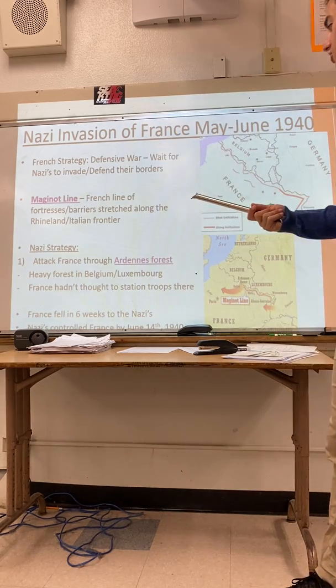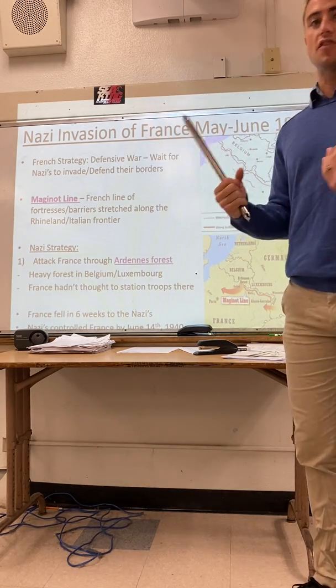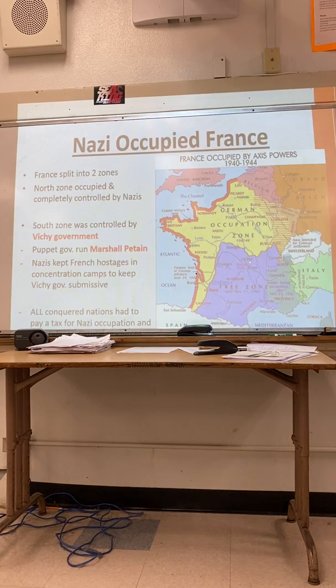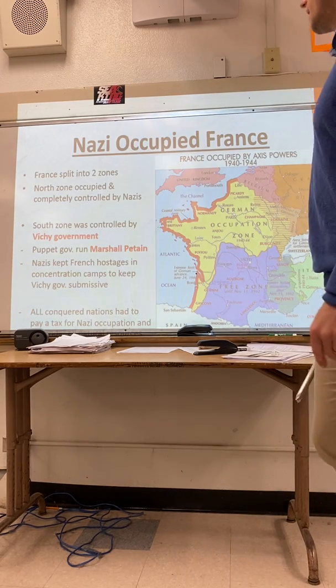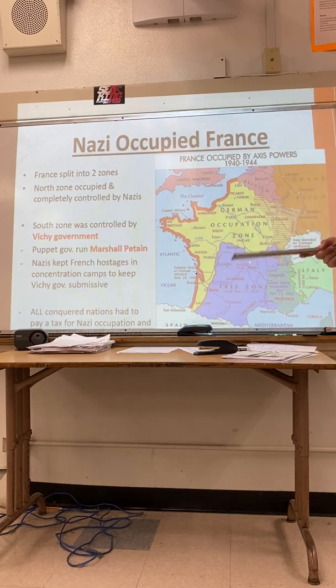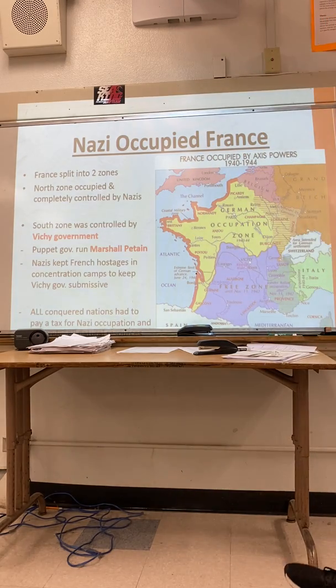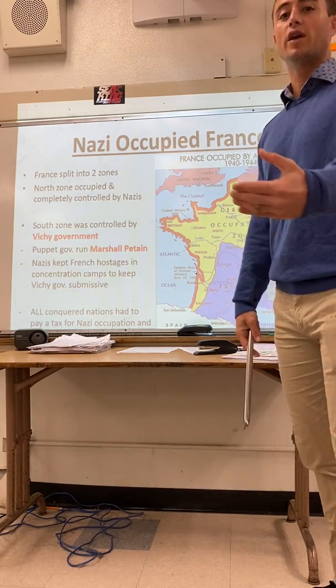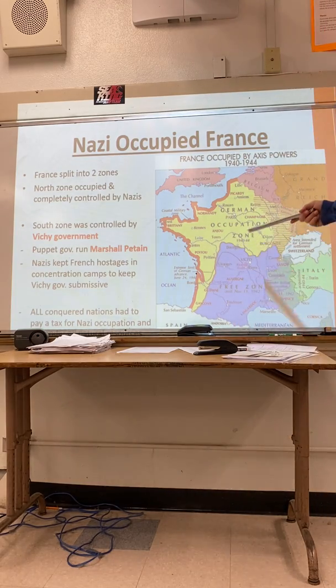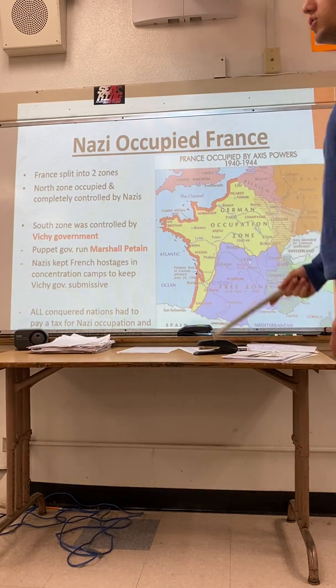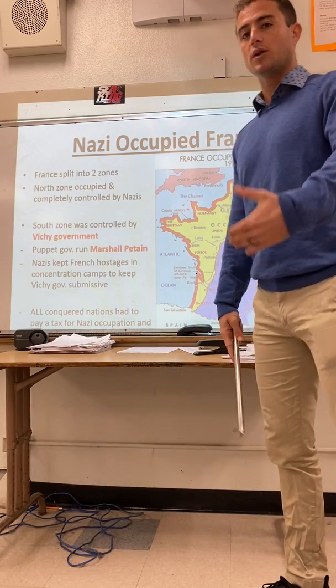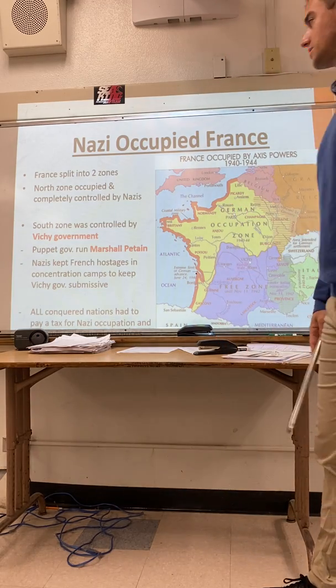And so now at this juncture, we see that the Nazis are going to split up France into two zones. One zone will be the North Zone, which is completely occupied by the Nazis, controlled by the Nazis, all the way until 1944. So for 4 years, this northern portion of France is completely controlled and occupied by Nazi soldiers.